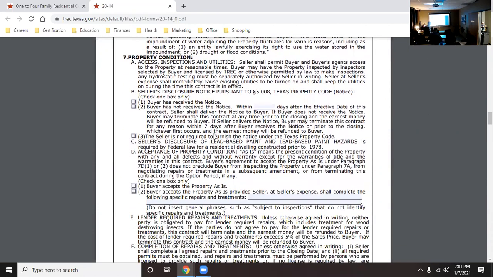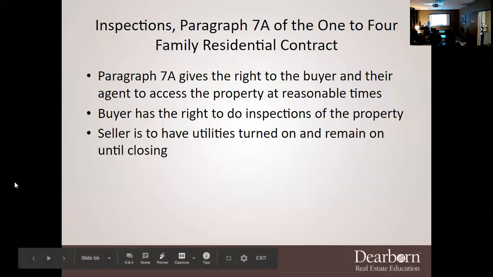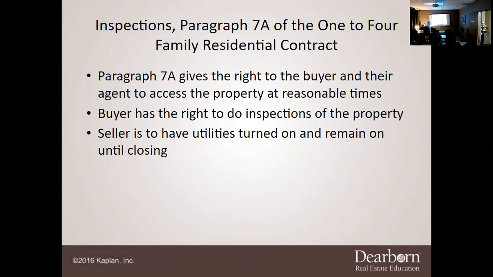Now, on 7, as it says up here, 7A gives the buyer the right to access the property at reasonable times. The buyer has the right to do inspections of the property, and the seller is to have utilities, what?